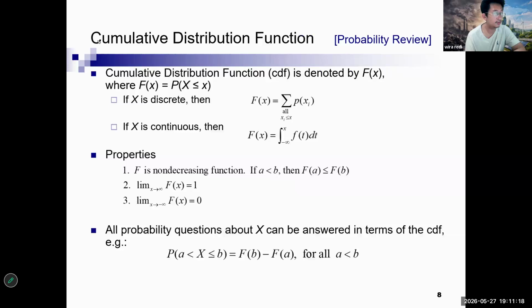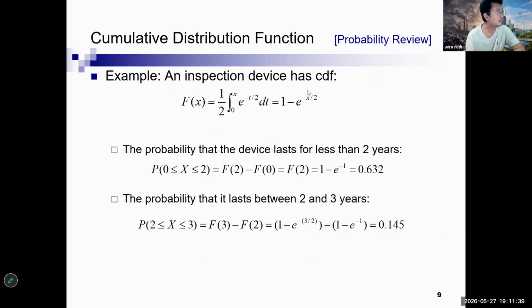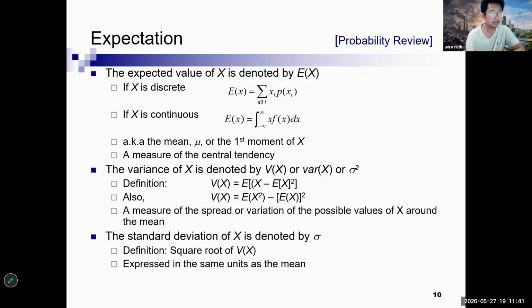And for cumulative distribution functions, it's basically the total sum of the probability distribution functions, or in this case, probability mass functions, up until the value of x. Okay, so with that we can understand also.